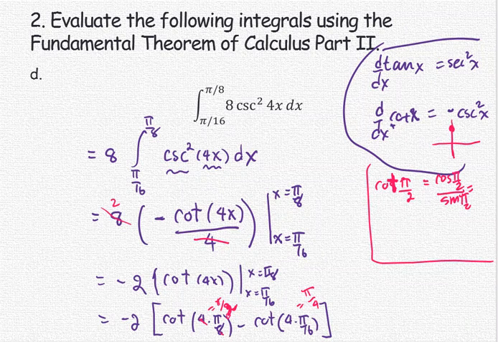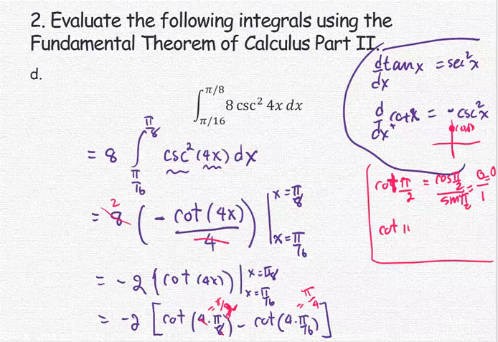What is the ordered pair there? 1 comma 0, no, 0 comma 1, sorry, 0 comma 1. The 0 is the cosine, the 1 is the sine. So at the angle pi over 2, the cosine is 0, the sine is 1, so the cotangent is 0.